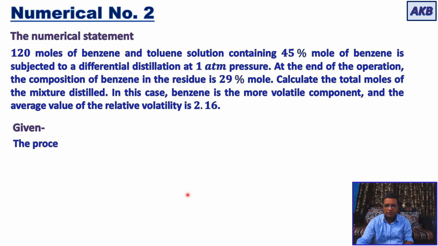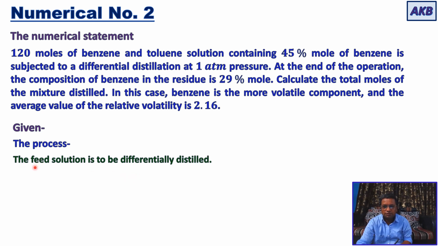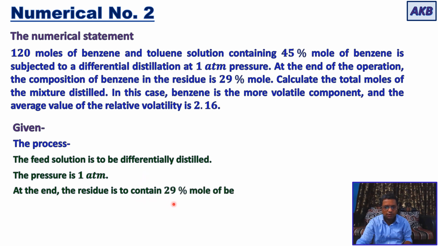Further, the process that is involved in this case is differential distillation. So the feed solution is to be differentially distilled. Pressure is given, pressure is 1 atmosphere. At the end, the residue is to contain 29% mole of benzene.